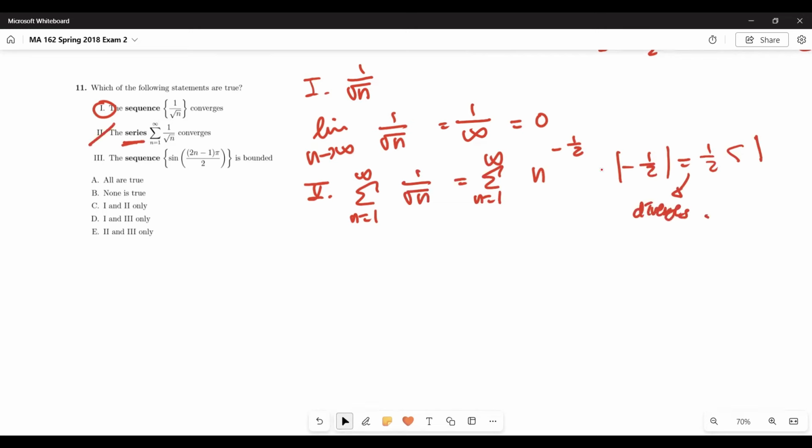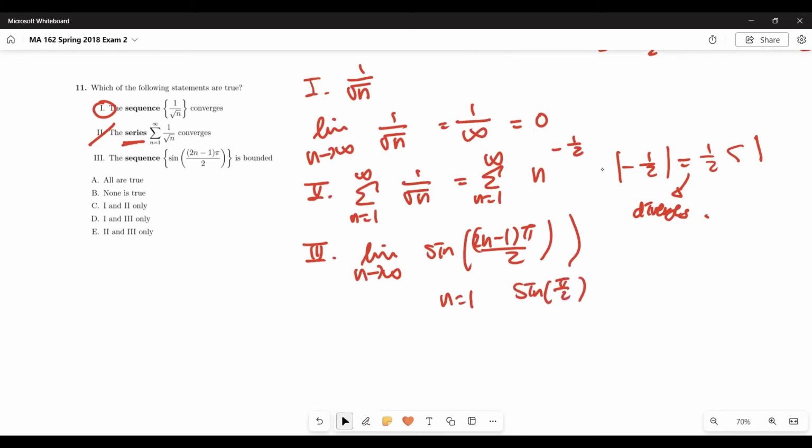Number 3, sequence. The limit as n goes to infinity of sine of (2n minus 1) pi over 2. Let's plug it in. If n equals 1, it's sine pi over 2. N equals 2, then it's sine 3 pi over 2. N equals 3, it's sine 5 pi over 2, right?